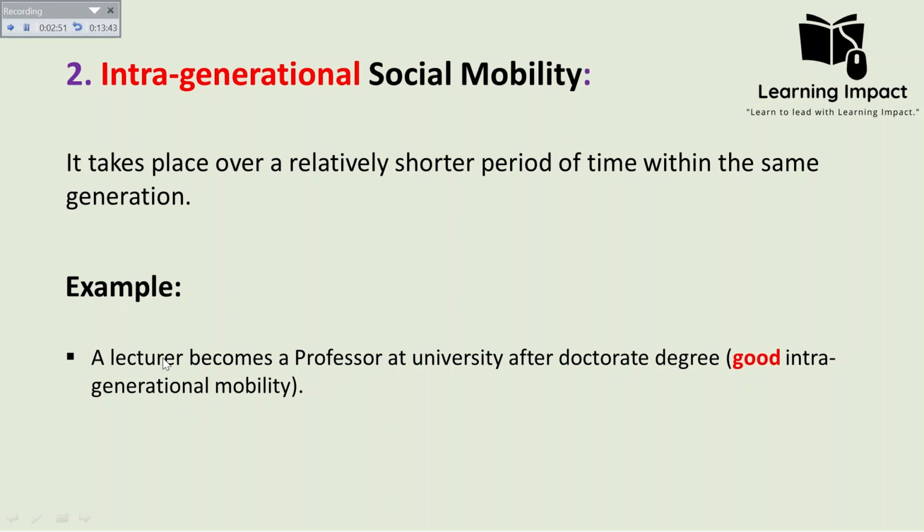So he lost his job and public trust, and in that way he moved down in the social stratum. Then it will be called bad intra-generational mobility, because he was himself responsible for this, and over a shorter period of time he changed his social status, but in a downward direction. So in the case of bad intra-generational mobility, we can reverse this example. So this is what intra-generational social mobility is.